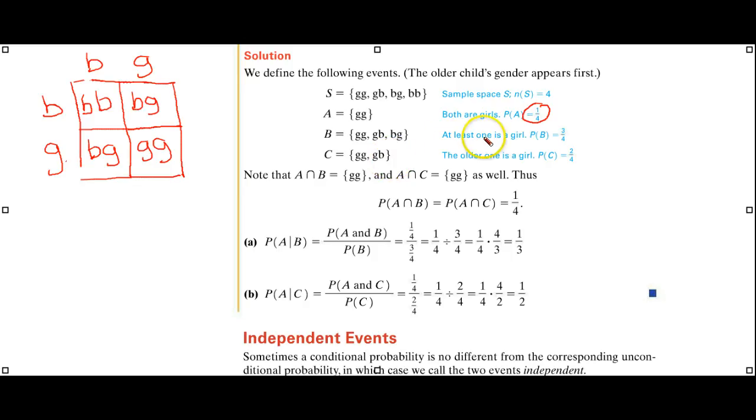That at least one is a girl, as we look through here, is 3 out of 4, and that the older one is a girl, that is, let's say the GG and the GB, is 2 out of 4.